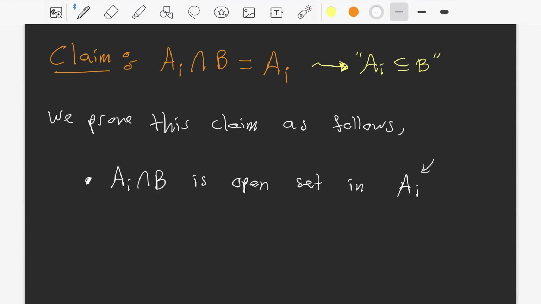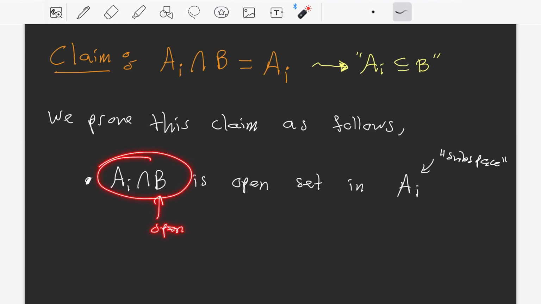Remember, A_i has the subspace topology. If you remember, an open set in the subspace topology is always something like this: it is A_i intersected with an open set. Now, we know that B is open, so this intersection will be open.